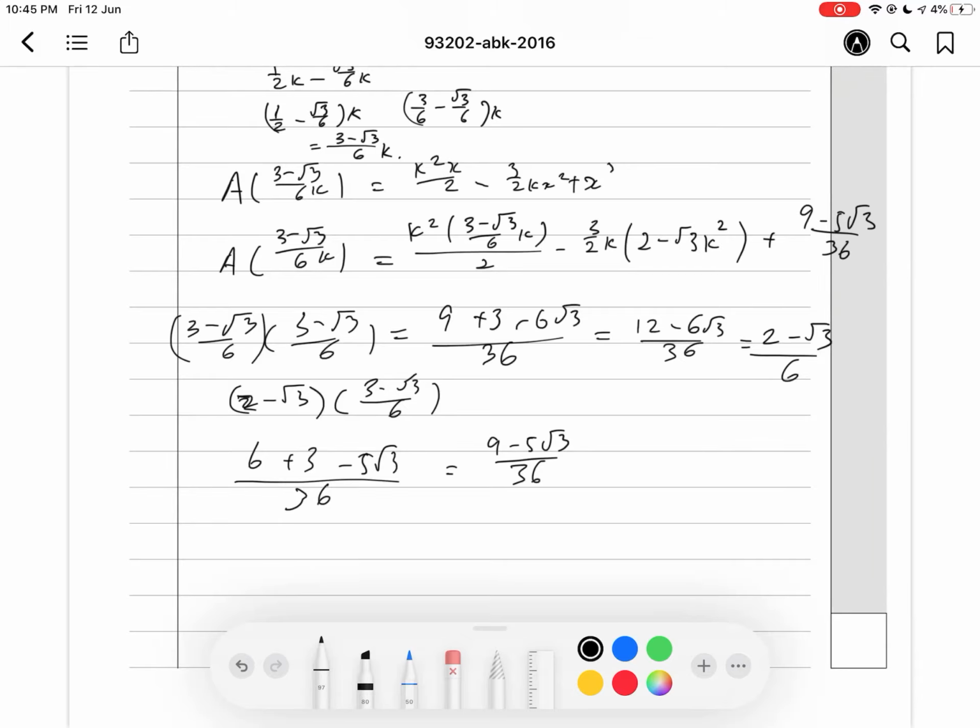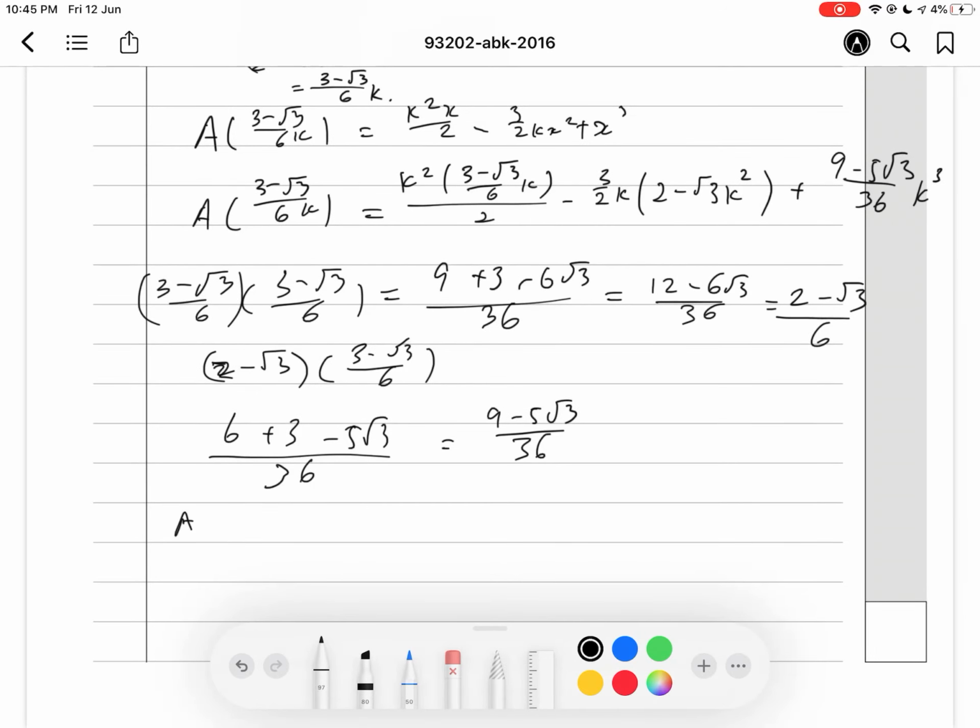And don't forget the k cubed, because we need to add that one. So a of 3 minus root 3 over 6 k equals k squared, and k squared times k is k cubed. So now we have 3 minus root 3 over 6. We can move that 6 to the denominator because we're dividing by 6.